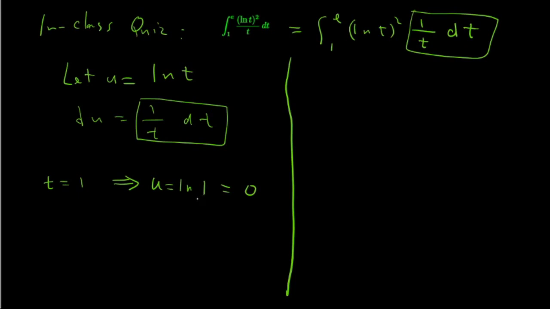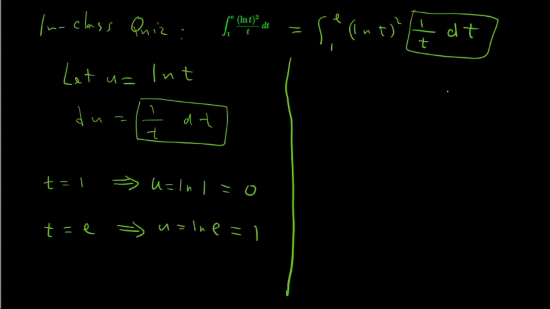Now let's recall, to get natural log of 1, you think natural log is a log with the base of e. You think e to what power is equal to 1? E to the power of 0 is equal to 1. That's why natural log of 1 is equal to 0, right? And then t value of e will give you the u value of natural log of e. Natural log of e is equal to 1.